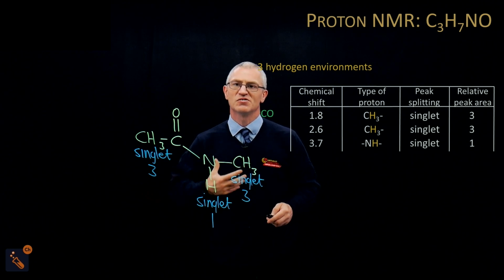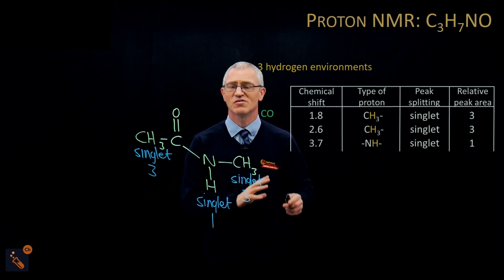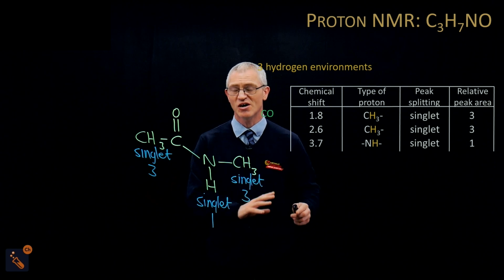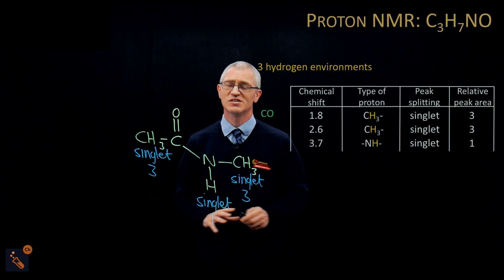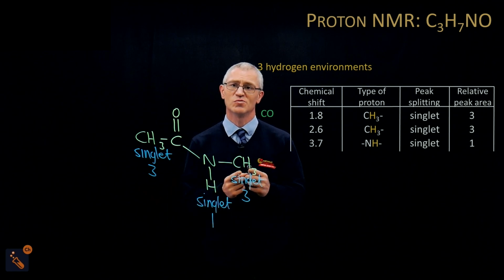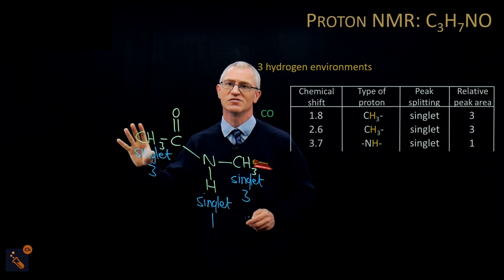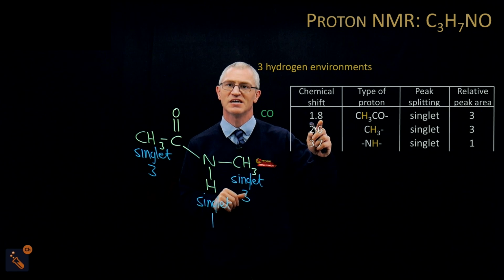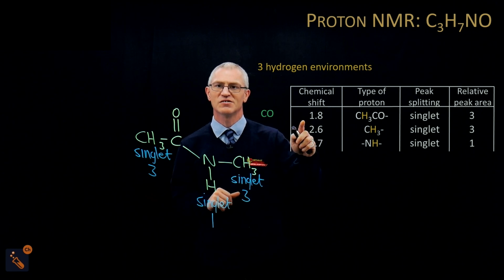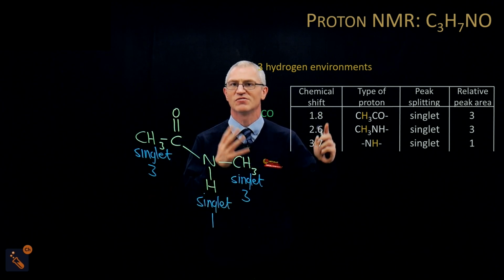And hopefully as you've gone through this, you see that more electronegative elements, or the hydrogens connected to the more electronegative elements, move further downfield. And you can see that from your data sheet. So this one will be further downfield, for example, than this, because you have to go through the carbon to get to the oxygen. So that's why I'm going to put the first one at a lower chemical shift, and then I'm going to look at the second one going to a higher chemical shift, and that's how I'm going to assign both of those.